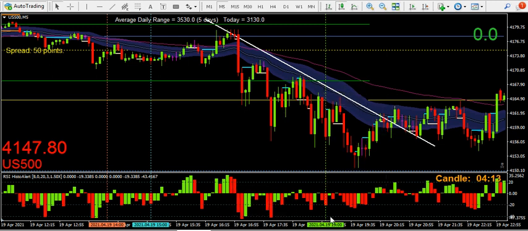Divergence is a sort of hit and miss tool. I don't place so much importance on it, especially on the lower time frames. I mean, H4 or daily divergence, yeah, that's quite a big thing. But with the lower time frames, your M15, M30 override M1, M5 without a doubt.